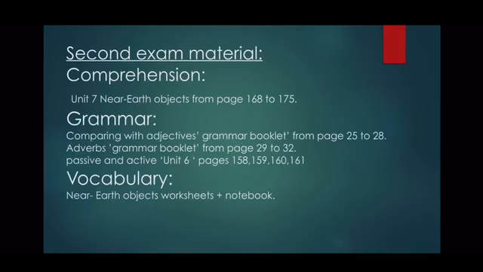And don't forget that in vocabulary, you're going to have questions about the worksheet. You have a worksheet about the new vocabulary of Near Earth Objects. Do you remember that you have a first box, and I told you to memorize it?